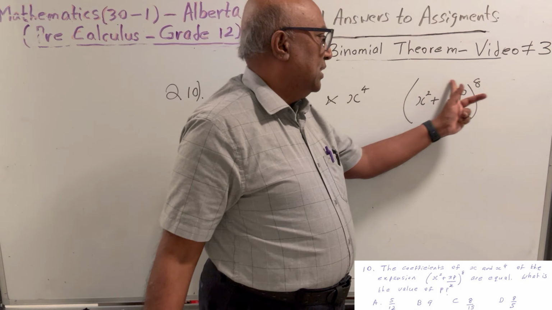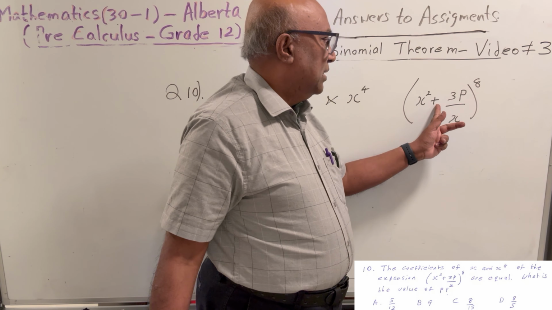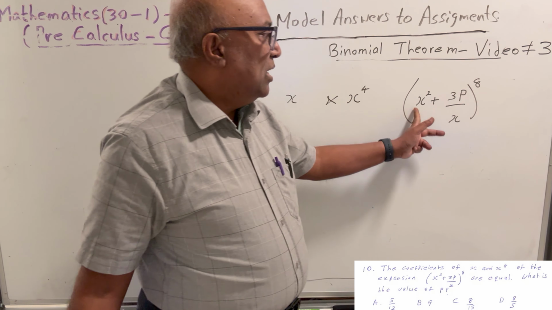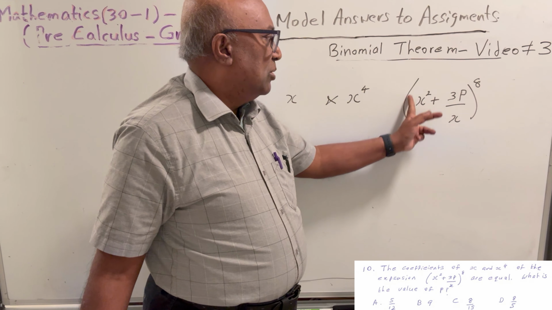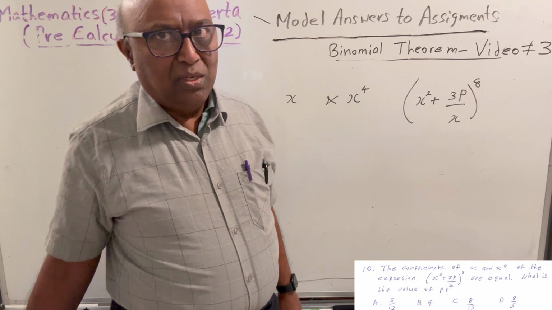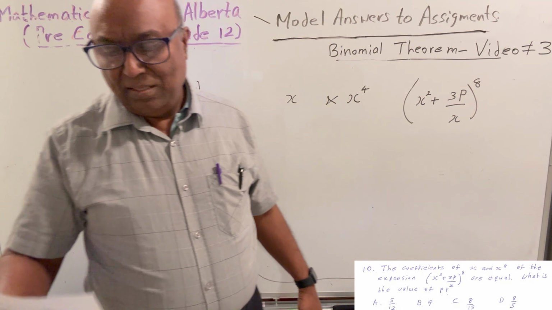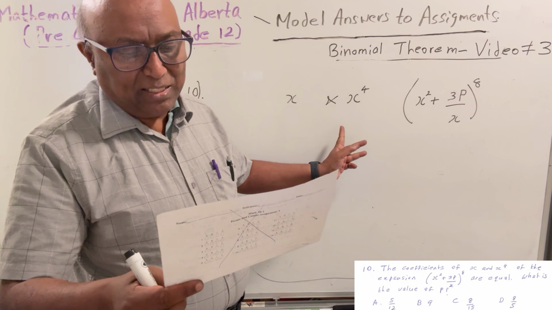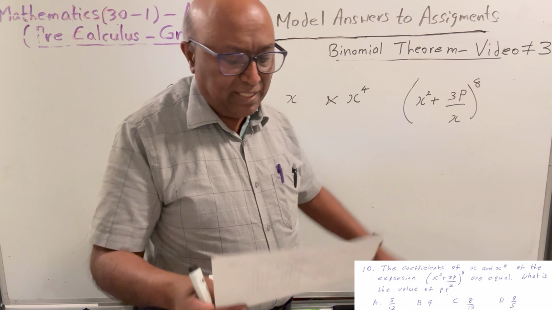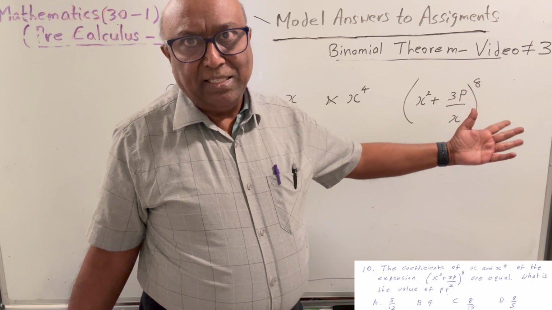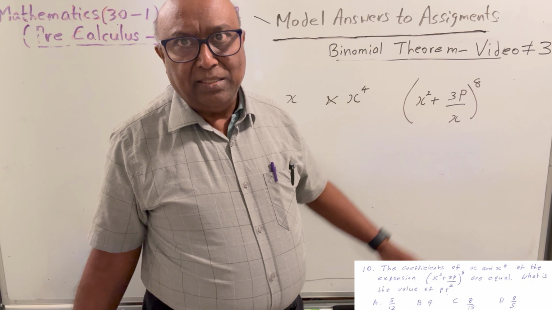That means when you expand this, there is a linear term x and a term with x^4. Those coefficients are equal, so you have to adjust the p value so that those coefficients are equal. Automatically you will get this once you write the general term.